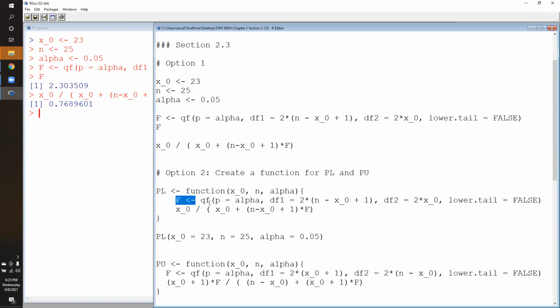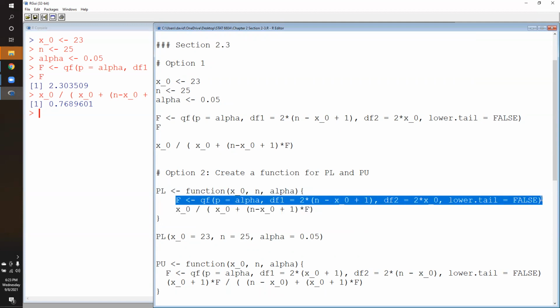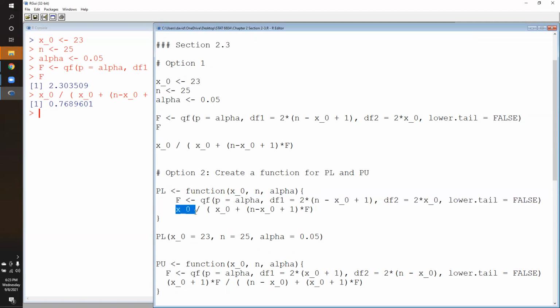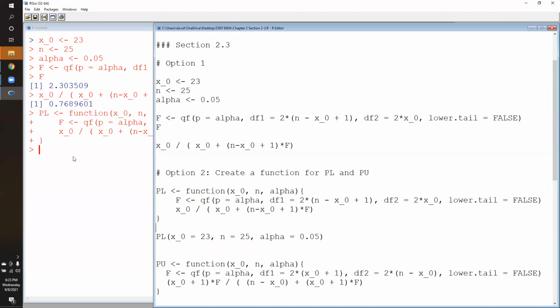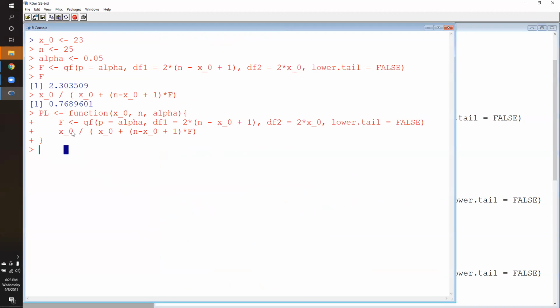I'm going to calculate the F value that I did before, and then I'm going to have the function output the lower bound. All right, so once I run this function, then nothing gets outputted because it's just telling R what PL the function does. So it's not a built-in function in R, I'm building the function.